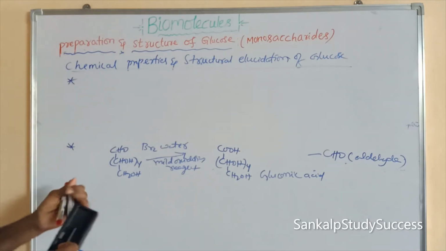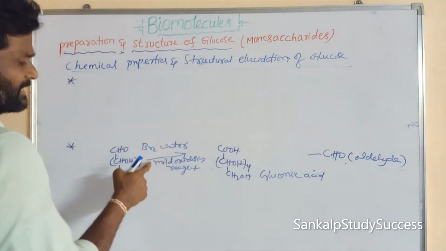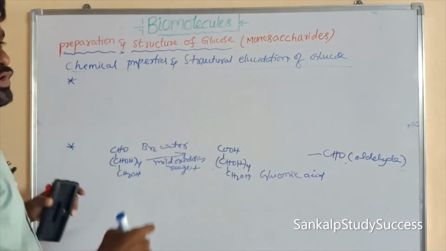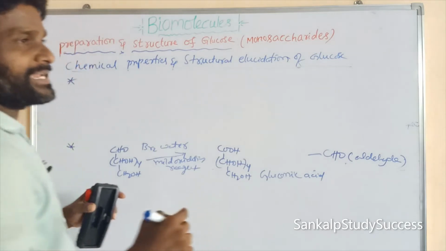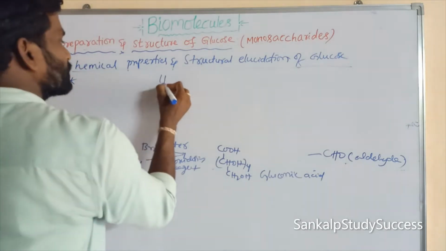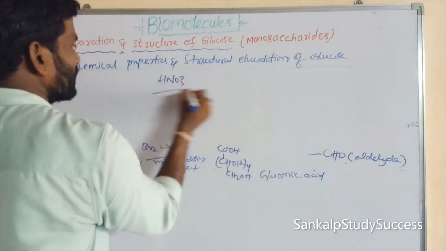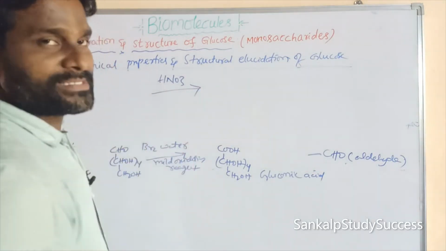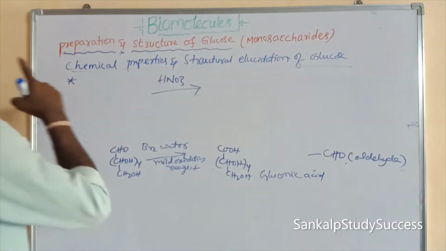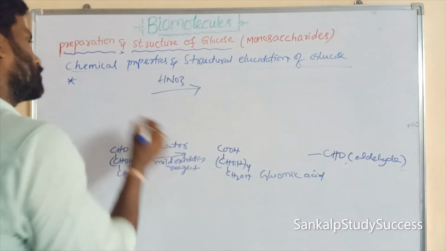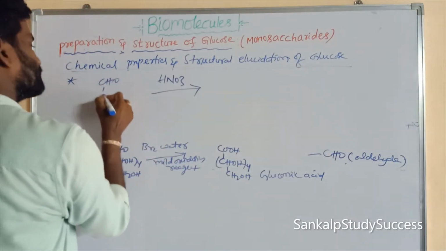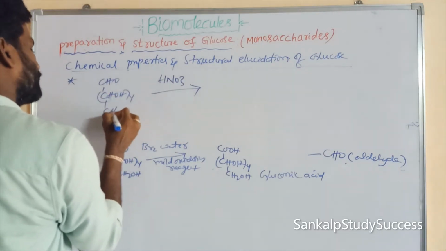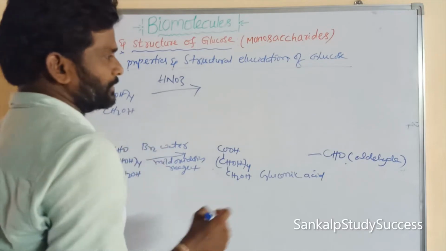So bromine water is the mild oxidizing reagent. Now we can take a strong oxidizing reagent. On oxidation with HNO3, HNO3 is the strong oxidizing reagent, both glucose and gluconic acid are oxidized.